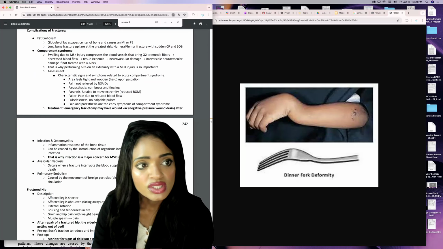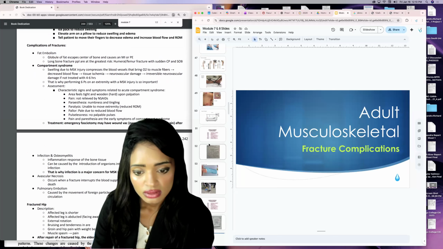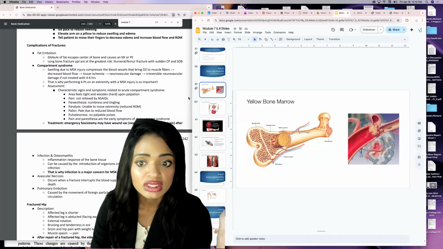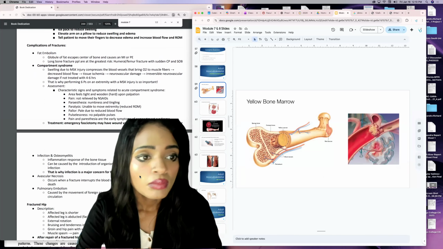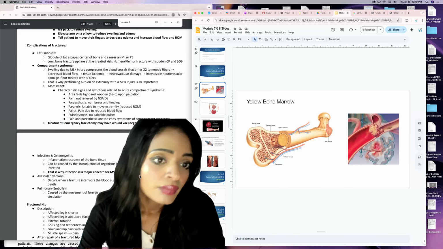Next up, we're going to move into some complications of fractures. First up is fat embolism. The long bones have yellow marrow, which contains fat.